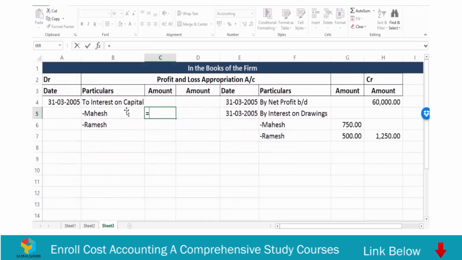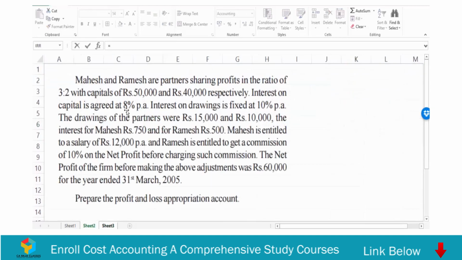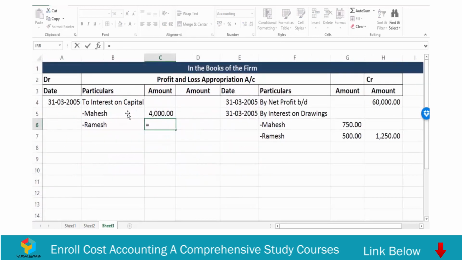So it is 50,000 multiplied by 8%. That's 4,000. And Ramesh contributed 40,000 multiplied by 8%, and it's 3,200. Now we can sum these two. So total interest on capital is 7,200.